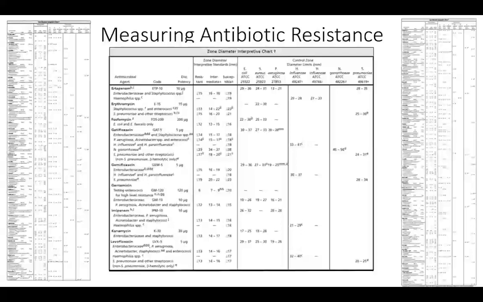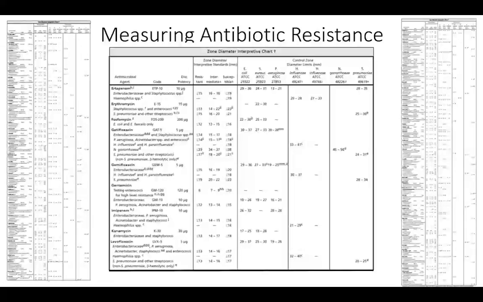You can't just look at something and go, oh, that's a pretty big zone, that's resistant. Well, a great example of this is penicillin. Penicillin spreads out really quickly. So a zone of inhibition for penicillin might be, or let's see, there's another good example right in here. For gemifloxacin, right here, something that's susceptible is greater than 23 millimeters, but something that's resistant is less than or equal to 19 millimeters, right?